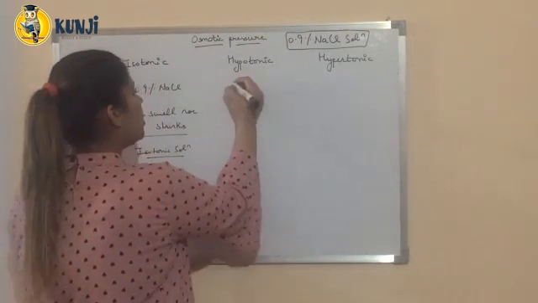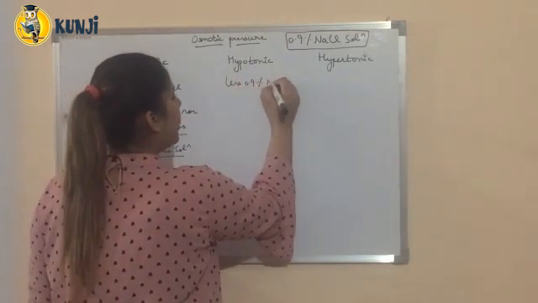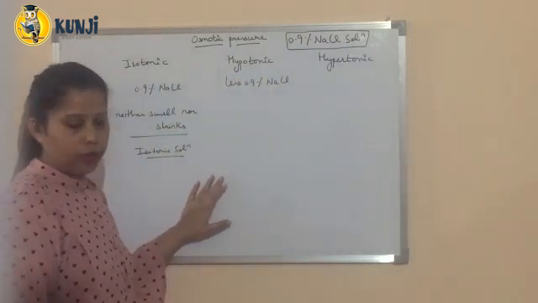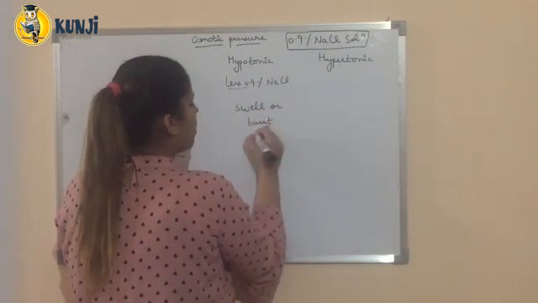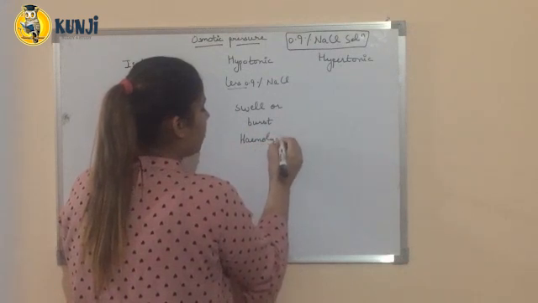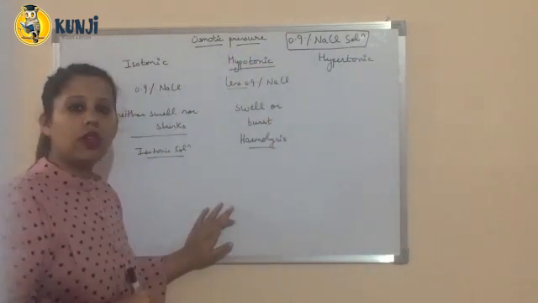In the second case, if you put the RBC in less than 0.9% NaCl solution, it will burst, which is known as hemolysis, and it is known as a hypotonic solution.